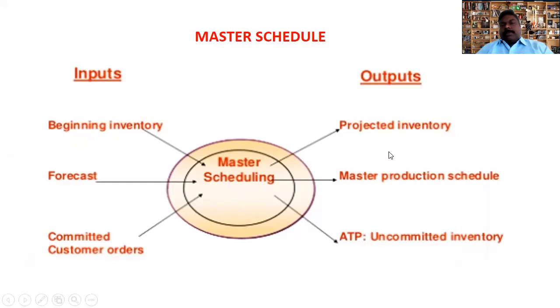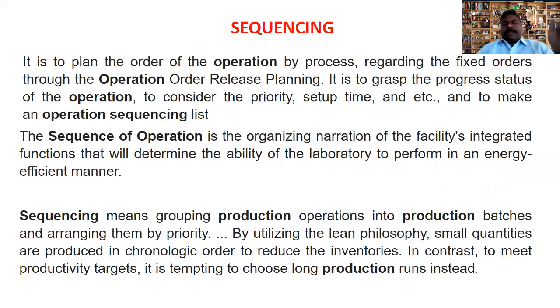The output will be the projected inventory. Master production schedule will be the output of the master scheduling. And here uncommitted inventory also we are going to see. Uncommitted inventory is nothing but what we have to send to the market and we have to see how it will be sold out. Means no one has committed to that inventory, so we need to do future sales. So that is about master production schedule. And we see the introduction of sequencing.